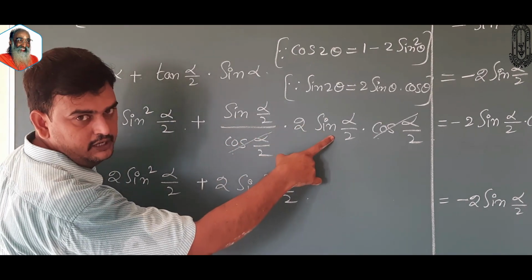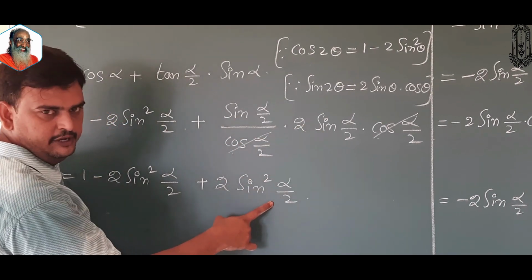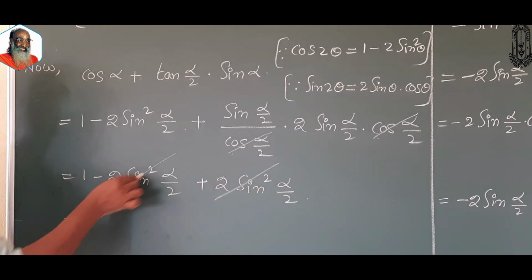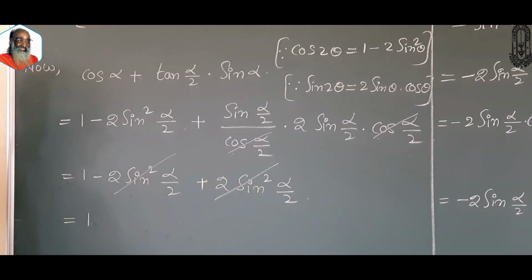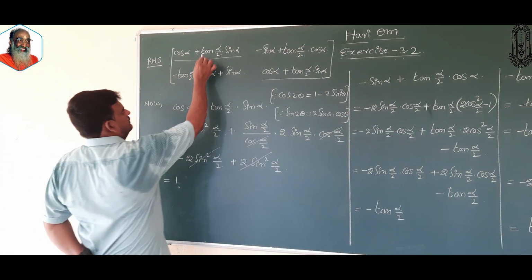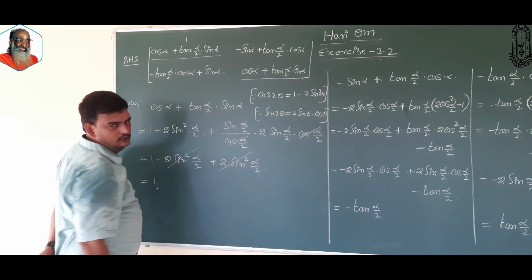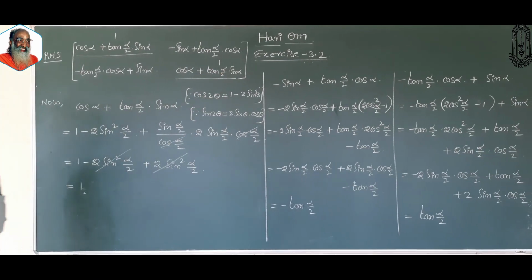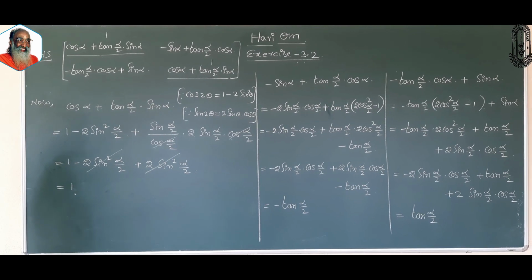Sin into sin, we get sin square alpha by 2. Then minus 2 sin square alpha by 2 and plus 2 sin square alpha by 2 get cancelled. Finally, we got the answer 1. This means that here I have the value 1 and this also I have the value 1. So, half of our calculation is completed.